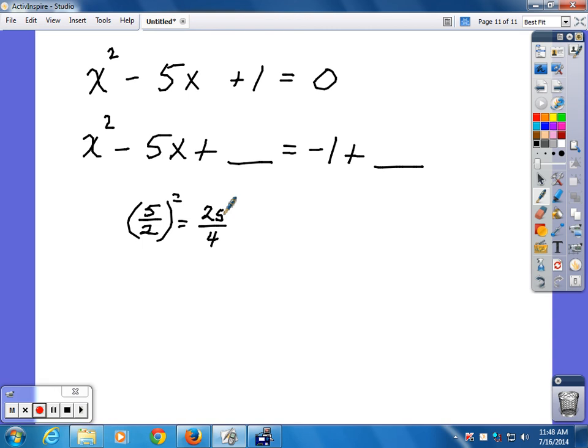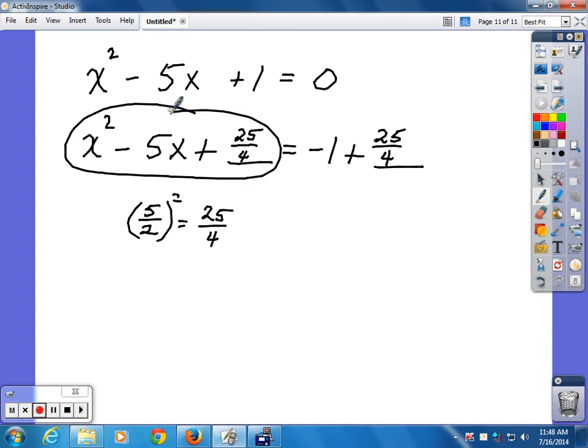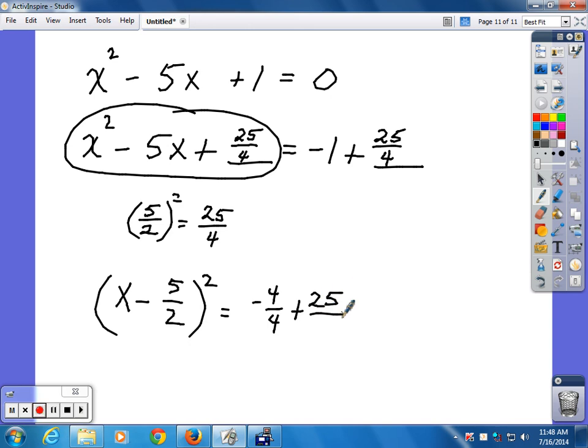Good job. All right. Now, what does that give you here? Shortcut number what? x minus 5 halves quantity squared is equal to -4 fourths plus 25 fourths.